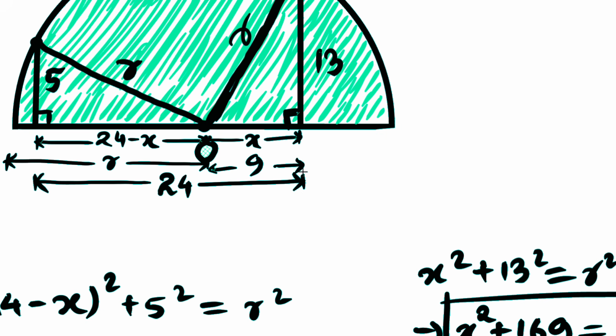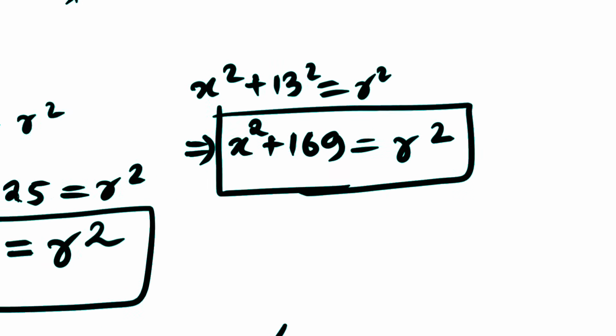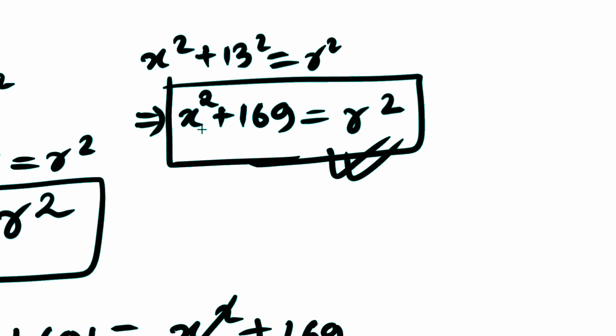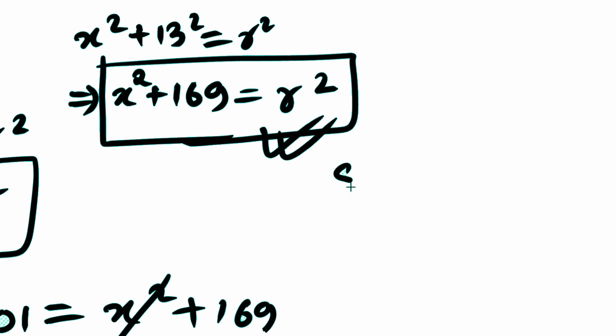And this is exactly what we need to find the radius. Now let's go back to the simpler right triangle equation, which was x squared plus 169 equals r squared. We already found that x equals 9, so now we substitute 9 for x.